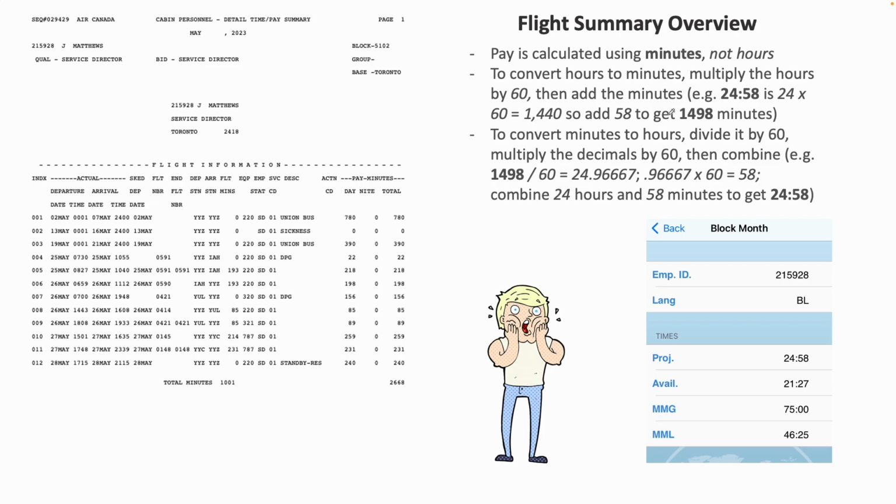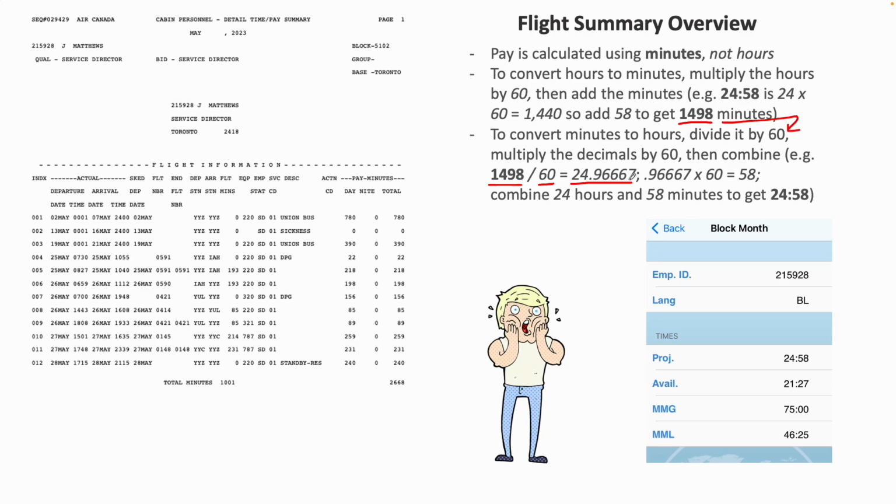To do it backwards, in other words, going from minutes to hours, you would divide the time by 60. So in this case, we have 1,498 minutes, and we want to divide that by 60. What we get when we do that is a number with a decimal. So we get 24.96667. The problem with that is that we don't think of time in a decimal system. That is, we don't think of time in base 10, we think of it in base 60. So the 24 we know is correct as far as the number of hours is concerned.